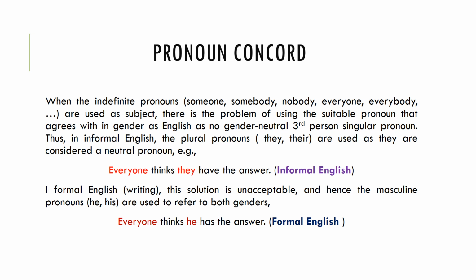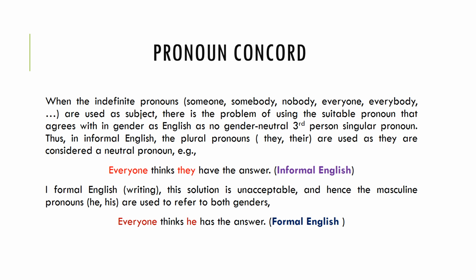They say that in informal English, they prefer to use the plural pronouns to refer back to these indefinite pronouns if they appear as subjects, because they regard the plural pronouns as neutral. They can refer to both genders. For example, we say, everyone thinks they have the answer.